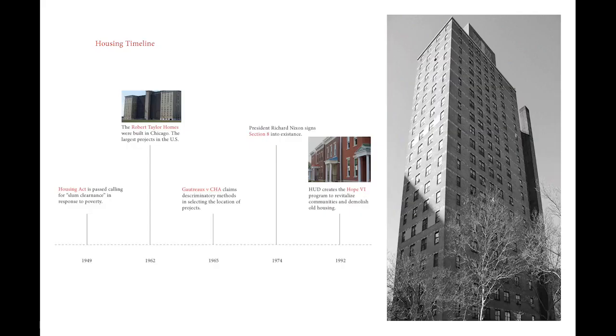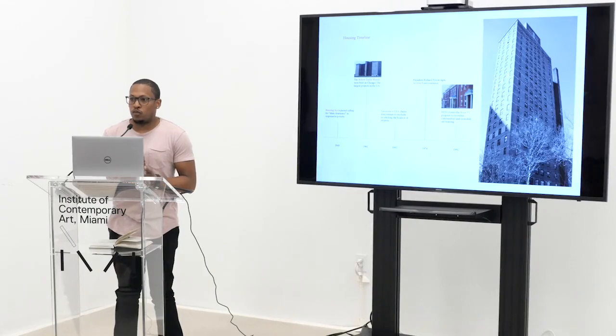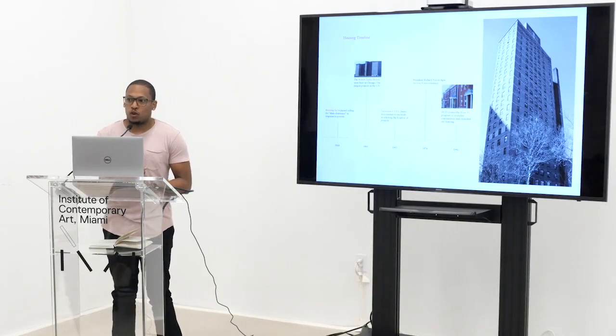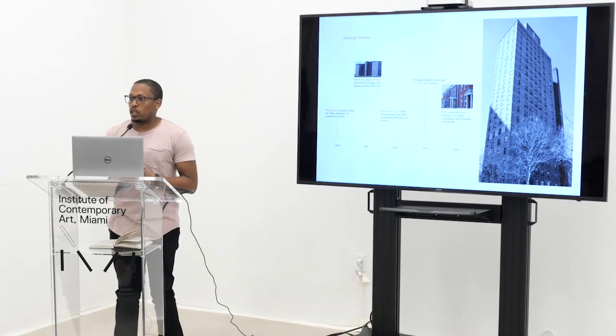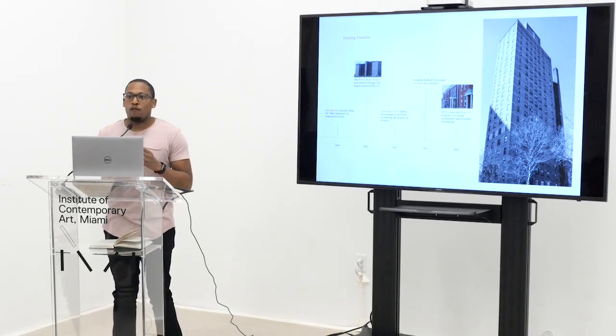And so from there, I told you guys before, the Gautreaux versus CHA case, which is very important because it basically said it is not okay to create slums. It is not okay to create substandard housing, specifically for black people. This is during the Jim Crow era in the United States of America, where most black people were forced to live in what's called kitchenettes, 400 square foot apartments on the south side of Chicago.